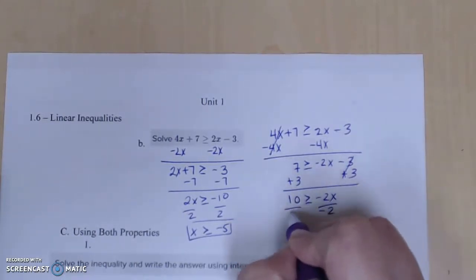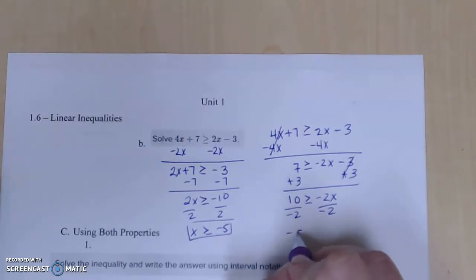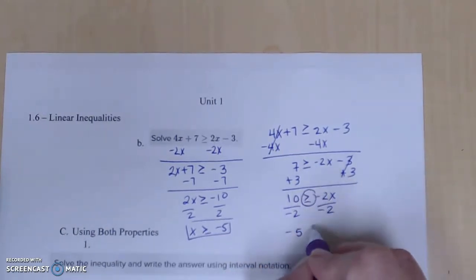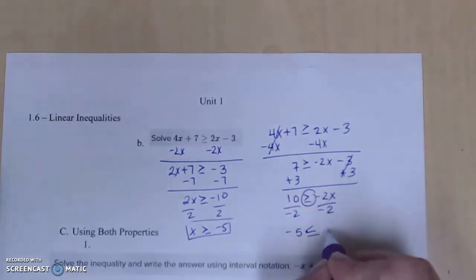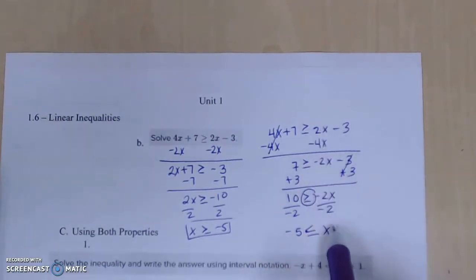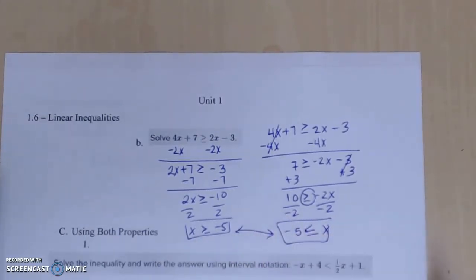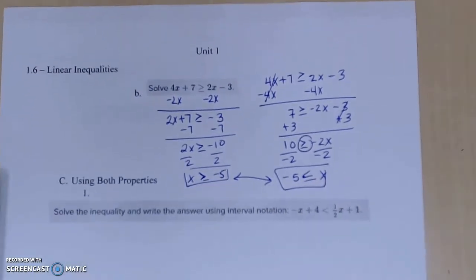And then here I'm going to have to divide both sides by negative 2, which gives me negative 5. This sign has to flip the opposite direction in x. So in this way of solving, yes, right here I did divide both sides by negative 2, so I had to change my sign, but you'll notice these answers are exactly the same. You can see that the inequality is facing the x on both of these. So if our steps are different, but we're both mathematically correct, then we should both get the same answer.